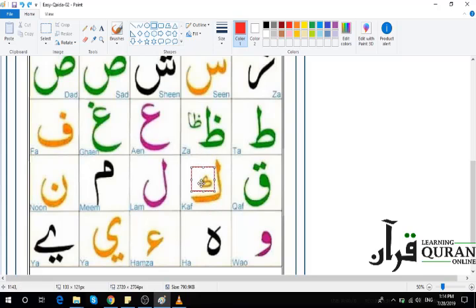Whenever you see a shape like lam, and there is one icon on top of the letter, we call it Kaf. And if there is no icon, we call it Lam.